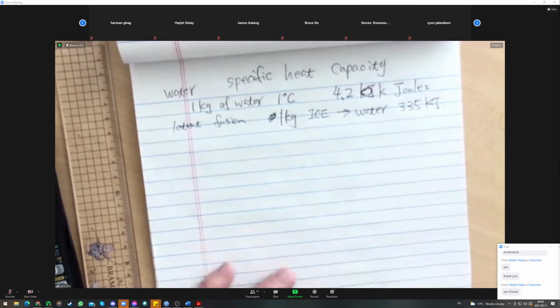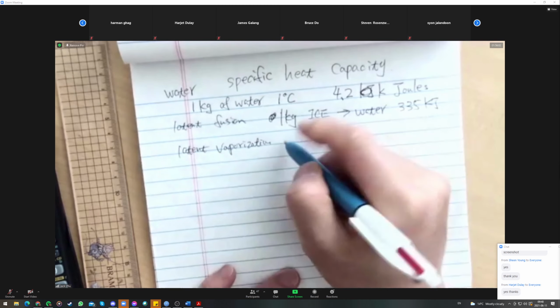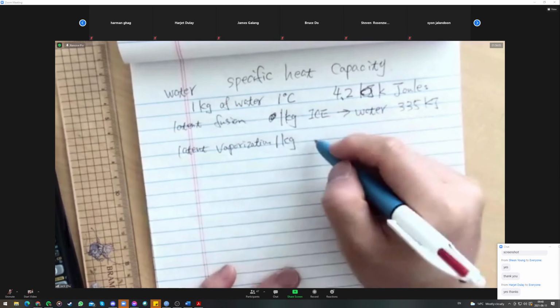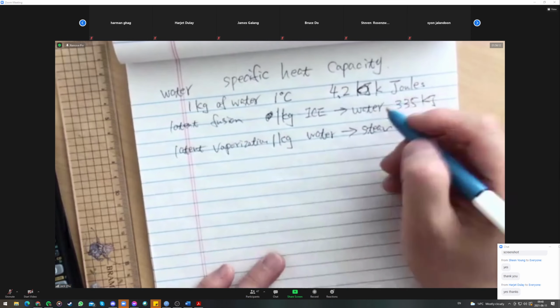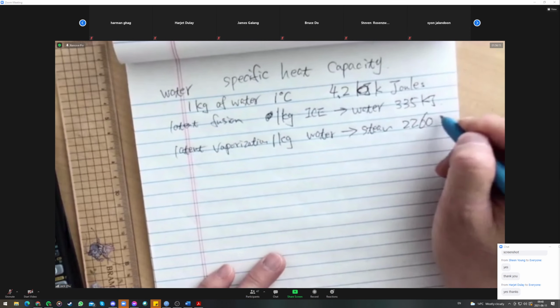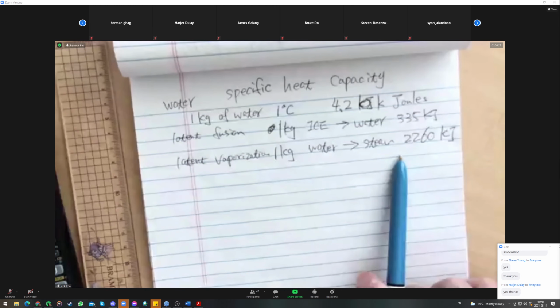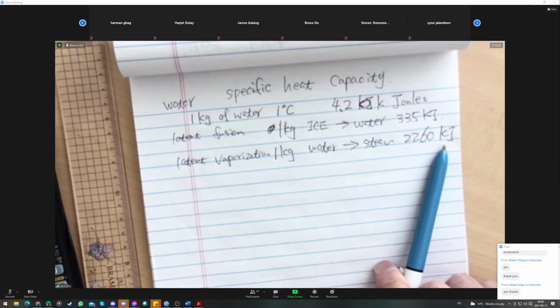If you try to change 1 kilogram of water into steam, you will need 2,260 kilojoules of energy. So you can see the latent heat of vaporization requires lots of heat energy.